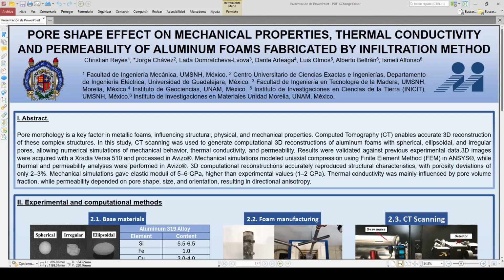In this study, we are specifically focusing on aluminum alloys. This is really important because the combination of these two sets of properties allows us to obtain very versatile materials. For example, we can have really lightweight materials with good mechanical resistance or good energy absorption capacity.